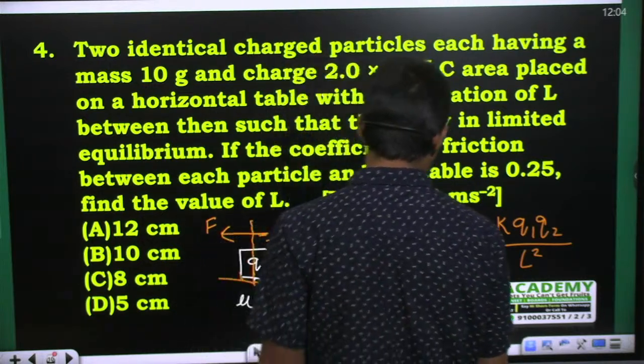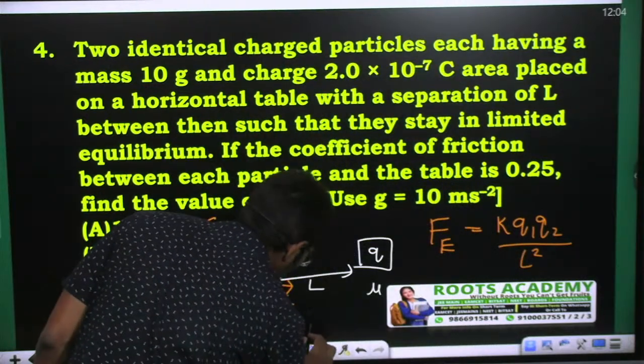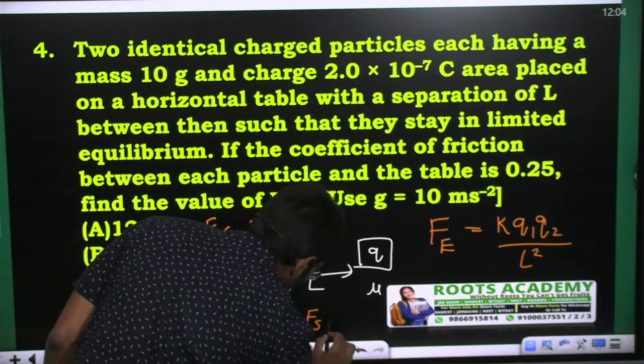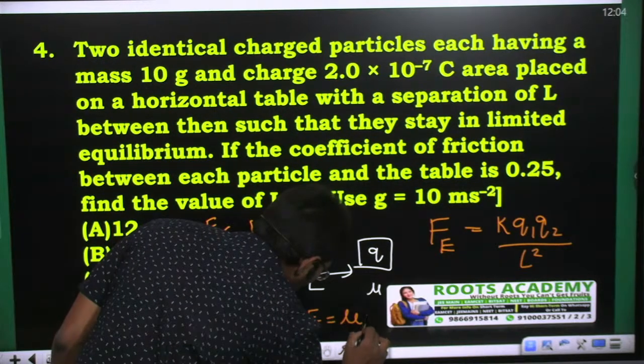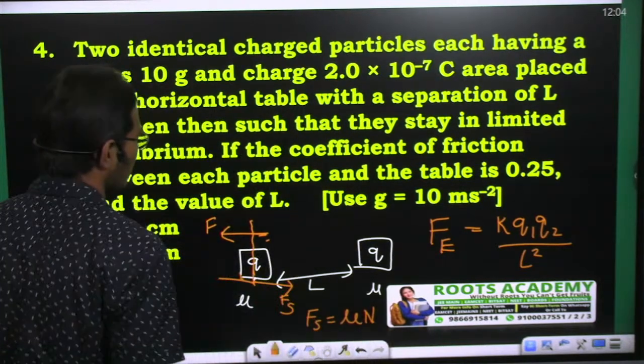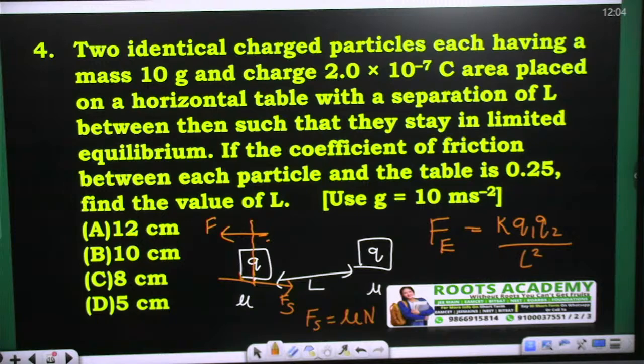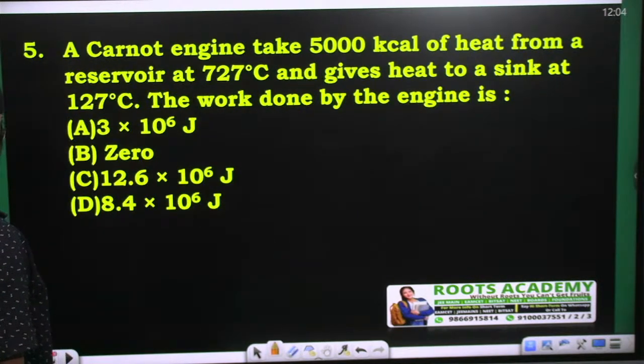How do you write this Fs? Fs is mu N. So try to equate them, and you are done. What is Fs?